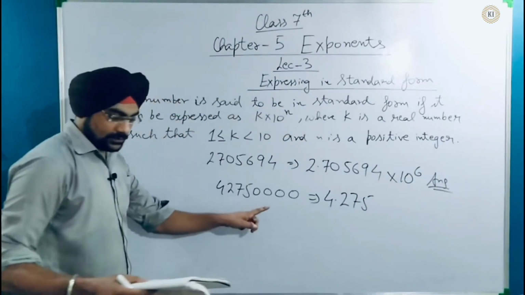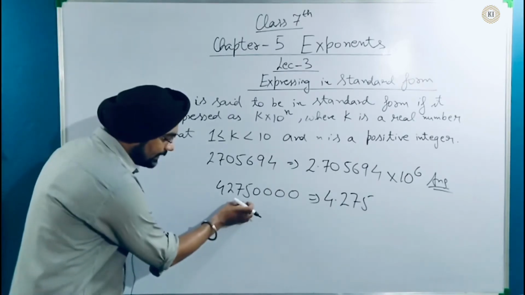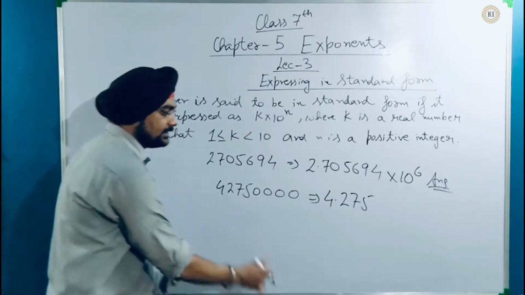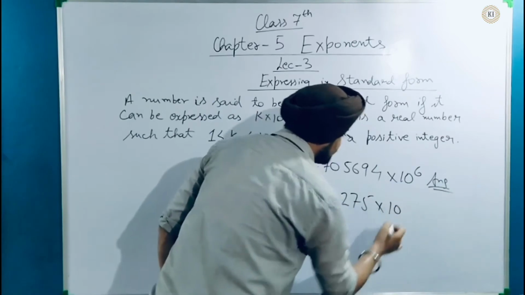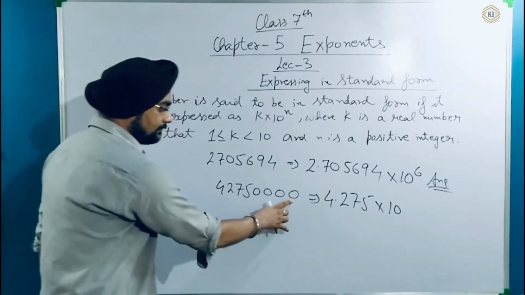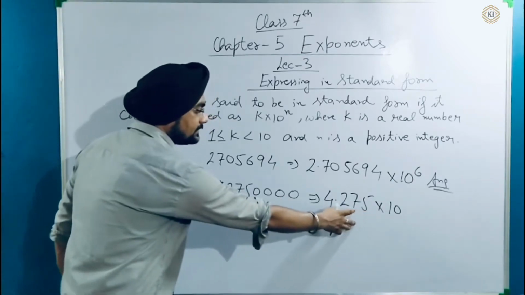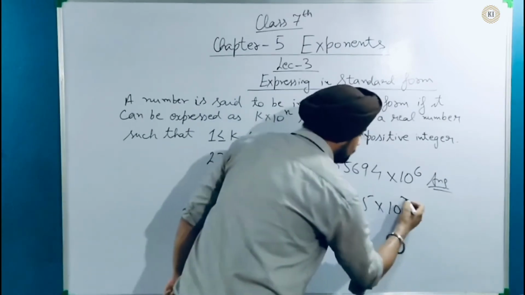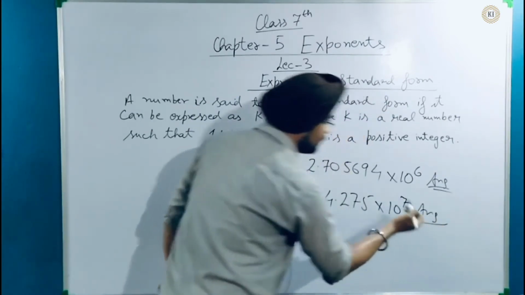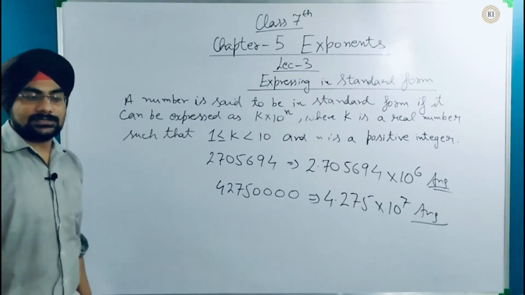Whenever 0 is given, in that case we don't write 0. We only write the value till the non-zero digits. Multiply by 10. The base will always be 10. Now count the numbers: 1, 2, 3, 4, 4 zeros, 5, 6, 7. So the total number is 7, so the power will be 7. So this is the method to express the values in the standard form.